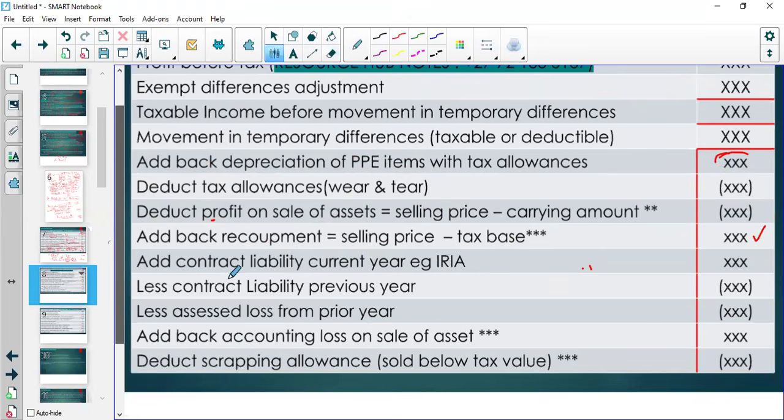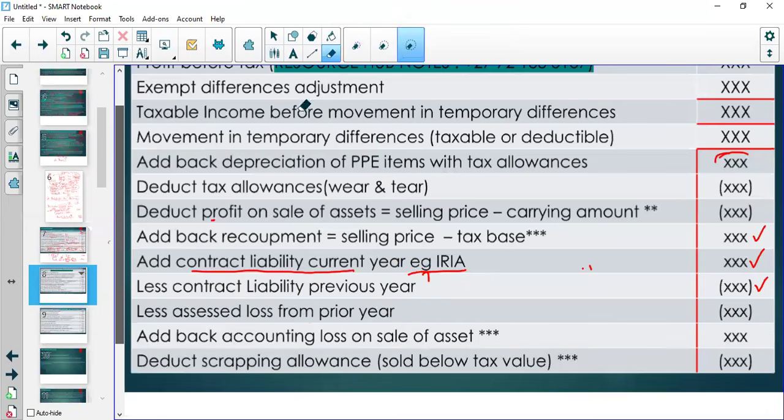Okay, so we need to add back the contract liability for the current year if we get it, because it will be taxed this year at the earlier of receipt or accrual. And then the contract liability for last year should be subtracted because it was taxed last year already. But this year it has been included as revenue, but the taxation portion was done last year. So we should exclude it.